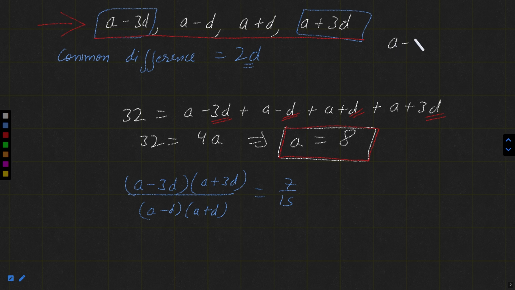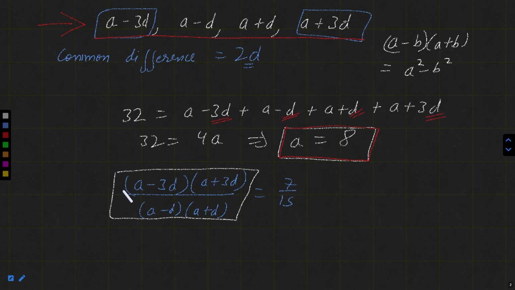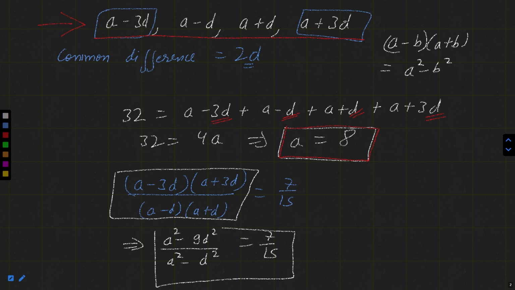I know a minus b multiplied by a plus b, what is it? It is a square minus b square. So the same logic I will be applying here. So this implies (a square minus 9d square) by (a square minus d square) is equal to 7/15.